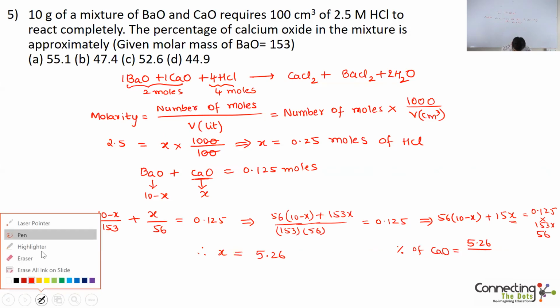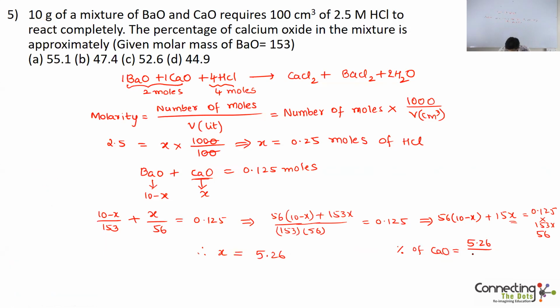Total mass is given here in the question, which is 10 grams. So out of 10 grams, how much calcium oxide constitute? So it will be 10 multiplied by 100. So this goes off. So it's approximately equal to 52.6%. So from this we can say that option C will be the correct answer.